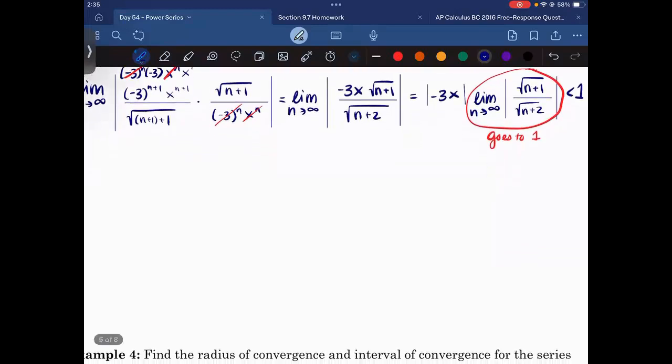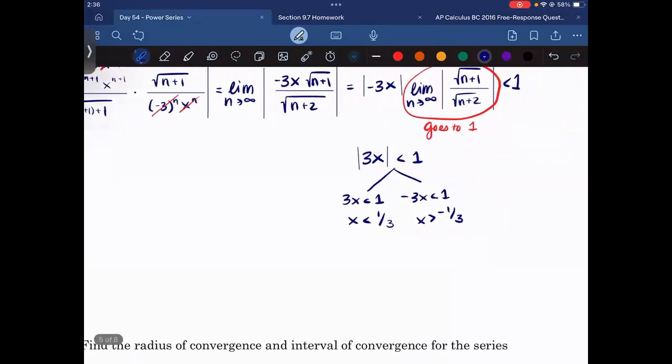So when we do that, I'm going to have the absolute value of negative 3x, and that's just going to be positive 3x. So I'm just going to do 3x. Because it's going to be the absolute value inside. Then we're going to split this off a little bit just to test. So we have 3x less than 1, negative 3x less than 1. X is greater than negative 1/3.